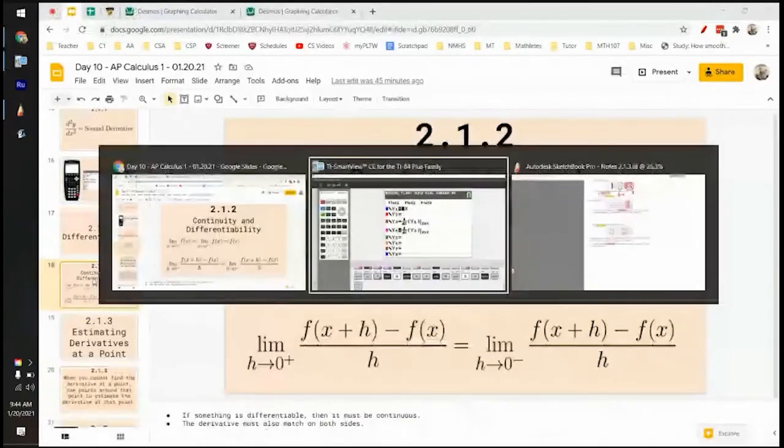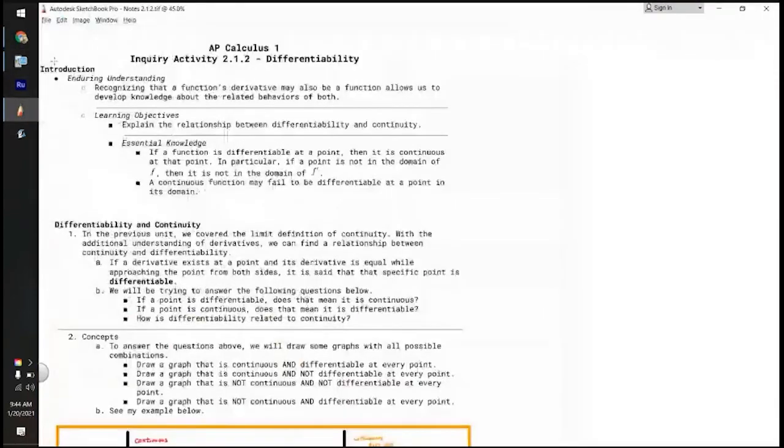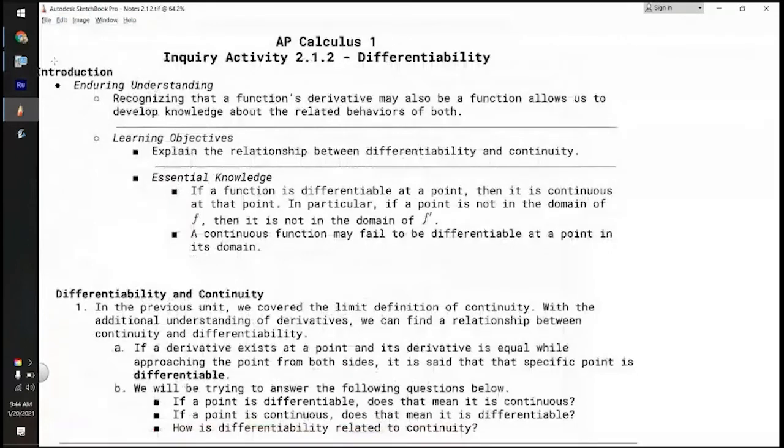All right, differentiability. Let's look at some differentiability problems now. It says right here, by the end, you should be able to explain the relationship between differentiability and continuity. The relationship is, if it's continuous and it's not a sharp turn, then it's differentiable.